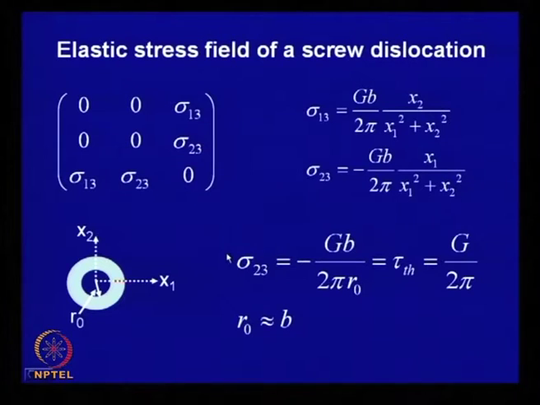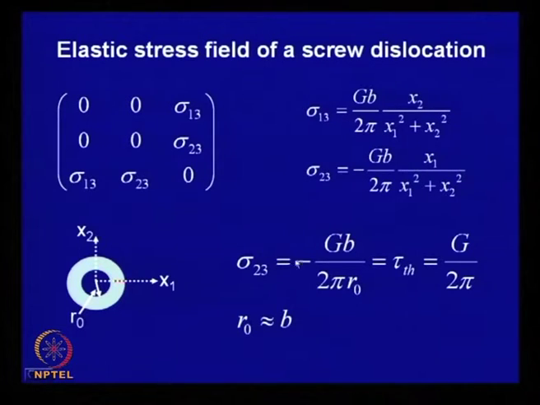This also explains why vacancies do not interact with a screw dislocation: if you create a lattice vacancy, around the vacancy there is a volume change, and here you see that there is no volume change. So, there is no volume strain here, and therefore a screw dislocation cannot interact with a vacancy.